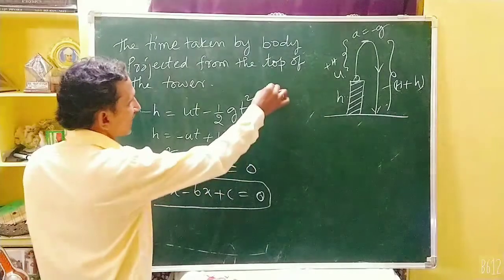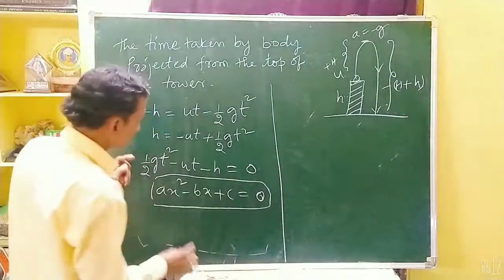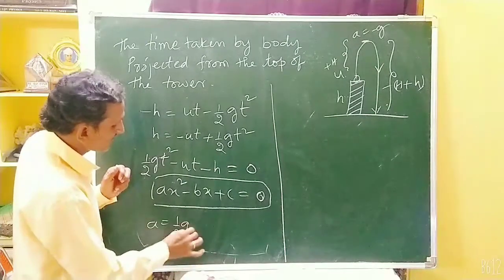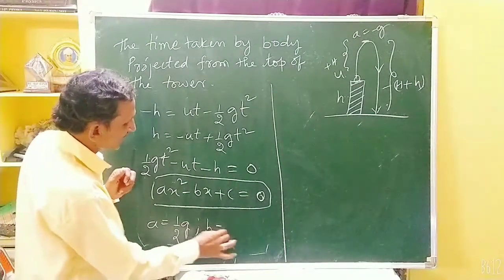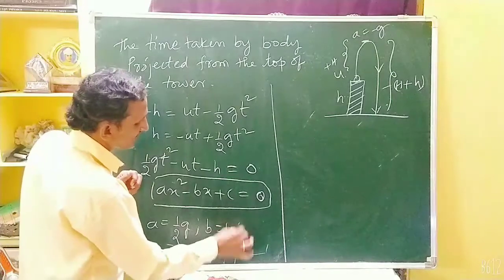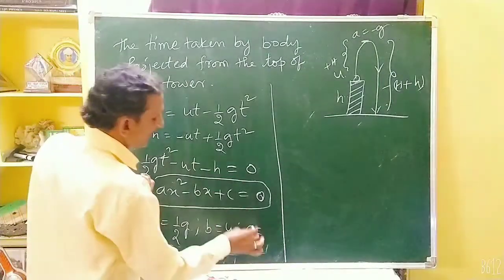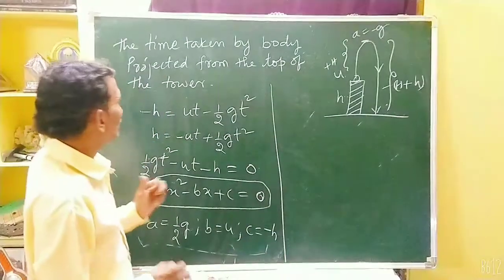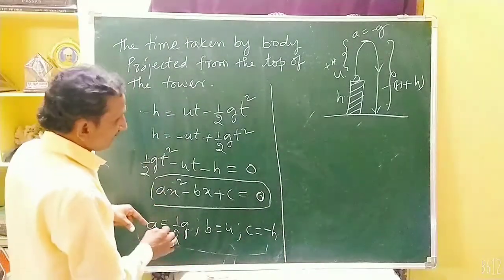So when you take the values here, a is equal to half g, b is equal to u, and c is equal to minus h. Now we have one formula.